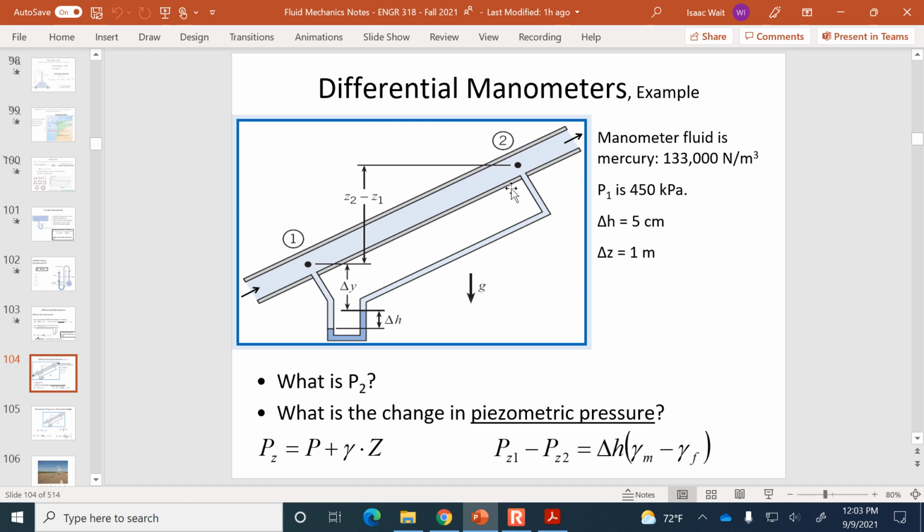Location 2 is at a higher elevation, so there was less pressure because we were moving vertically upward through the fluid. That's part of it. Pipe friction is the other, because location 2 is downstream. So both of those worked in the same direction. There was less pressure at 2 because of the pipe friction and because of the elevation difference.